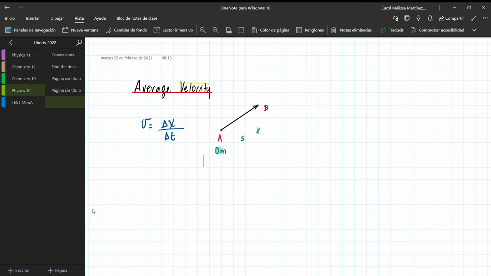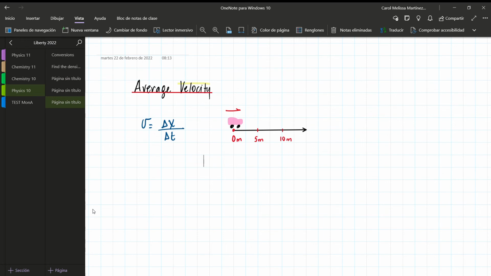Let's see another example. So, okay. Now imagine this. I have my car over here. And I'm going in that direction.